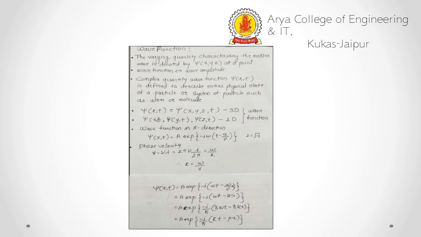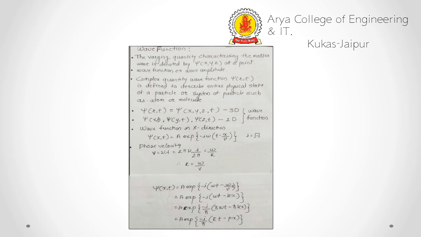The wave function in x direction can be written as psi(x,t) is equal to A exponential of minus i omega (t minus x upon v), where i is equal to root of minus 1.